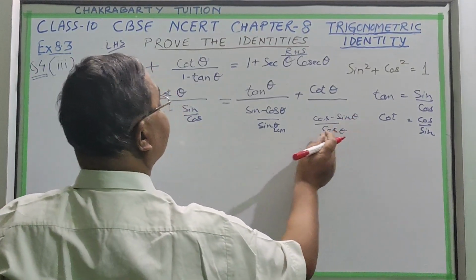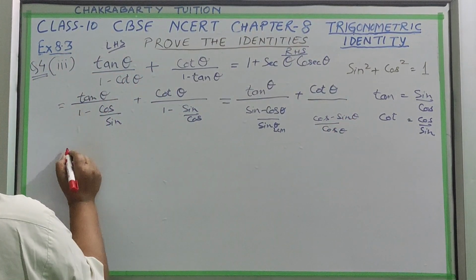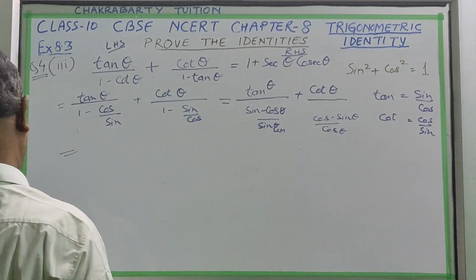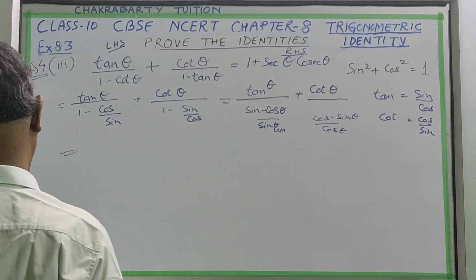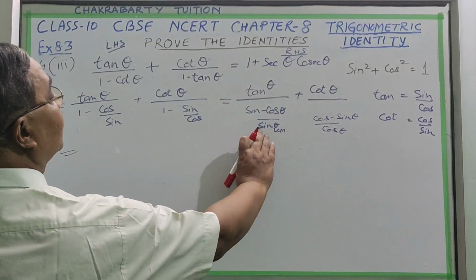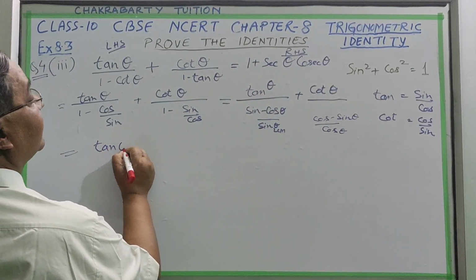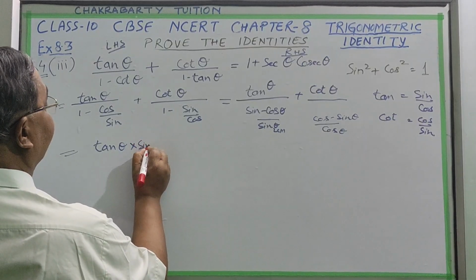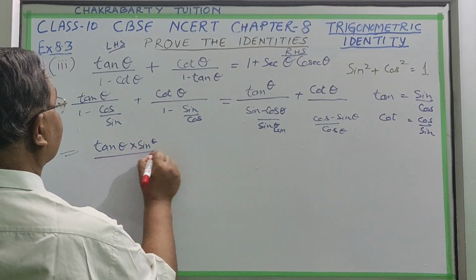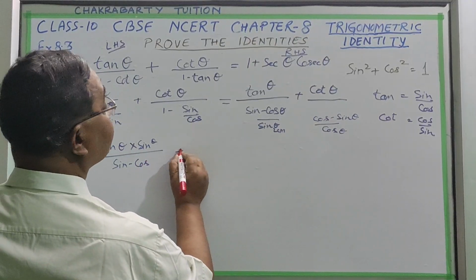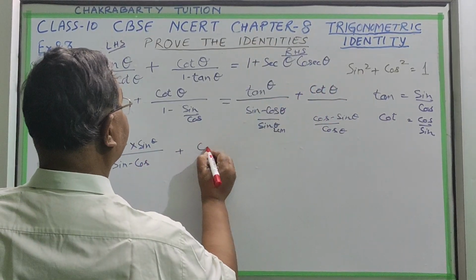Okay. Now your next step. After this, what can we do? So this we will take to the upper side. Tan theta into sine theta upon sine minus cos, plus this cos we will take to the upper side.